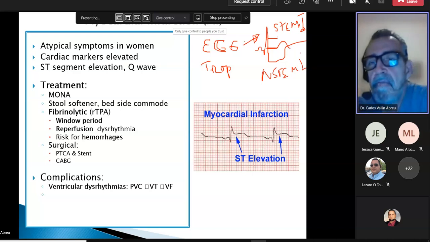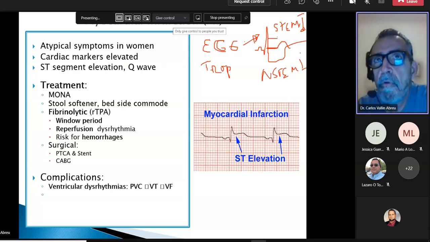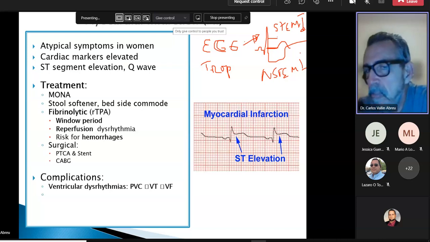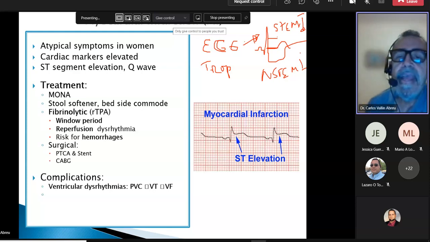Both are myocardial infarction. The difference is important for the reperfusion therapy, but it is beyond nursing decisions. So you only need to know that there are two possibilities of electrocardiographic expression of the myocardial infarction. But what confirms without doubt that the patient is having myocardial infarction is the elevation of the troponin.